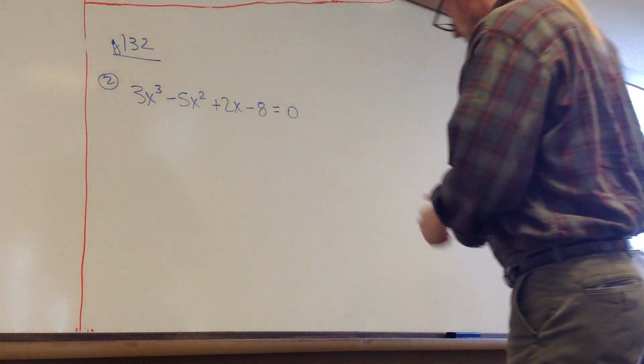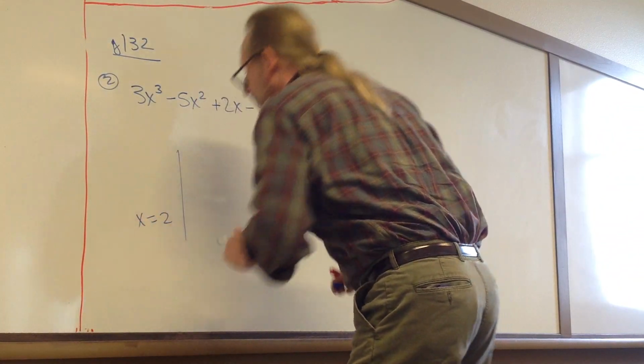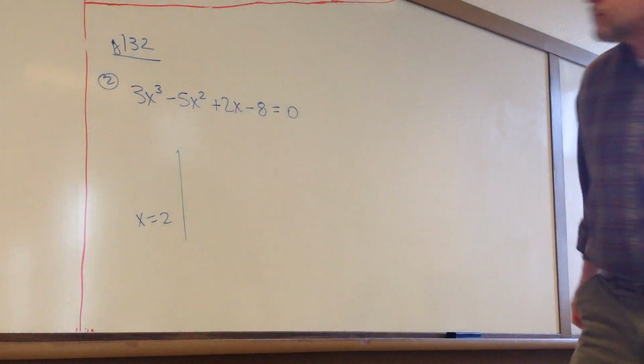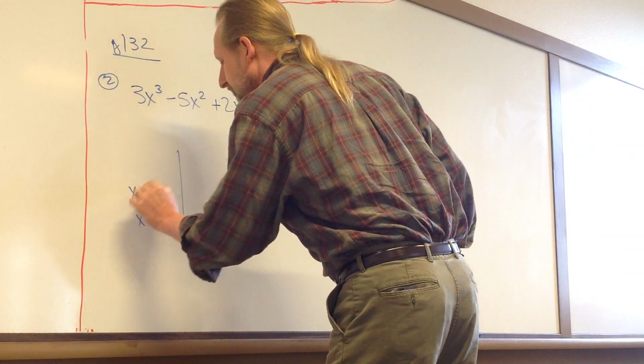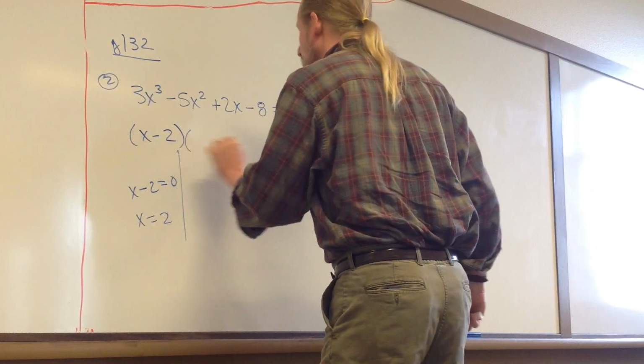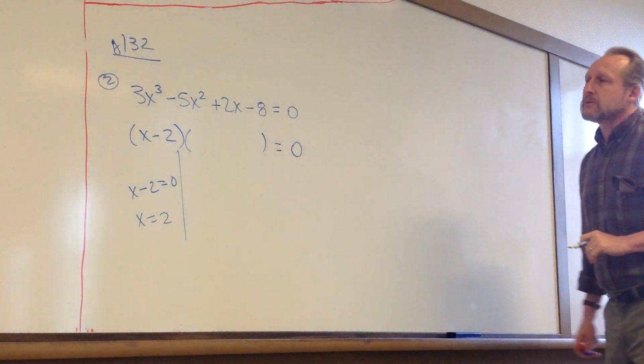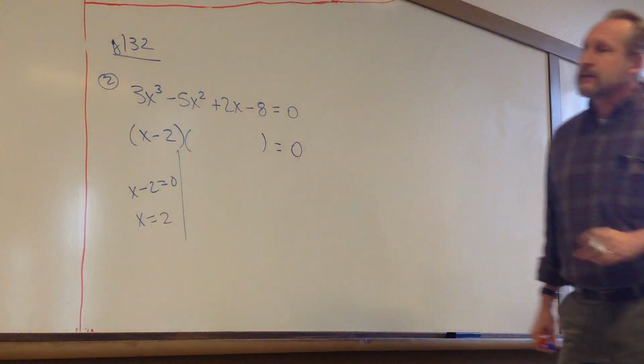Okay. So let's go ahead and write that down. If we know that x equals 2 is a root, that means that x minus 2 must be a factor. Okay, so this is where that section 2.5 that we talked about previously comes in handy.